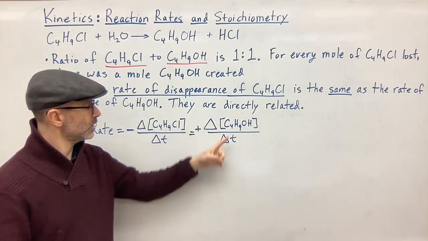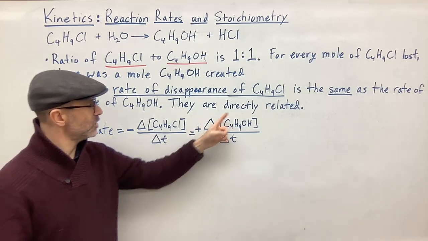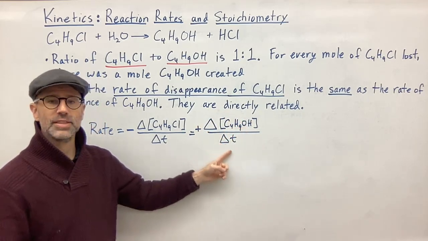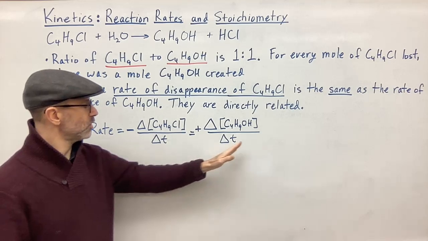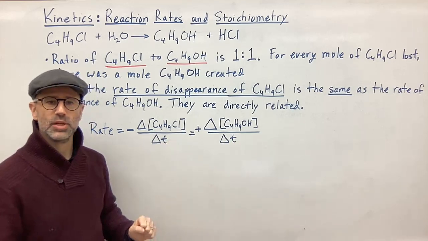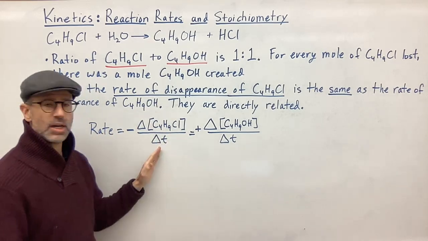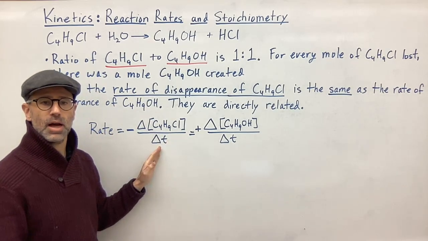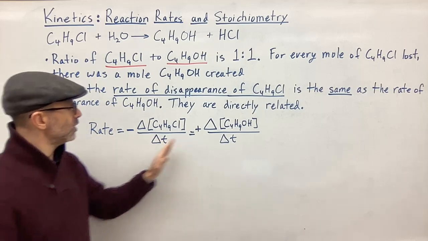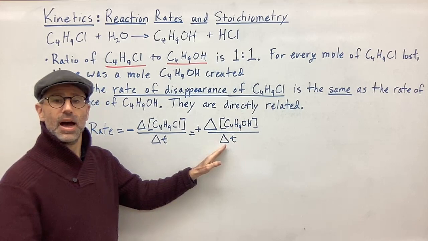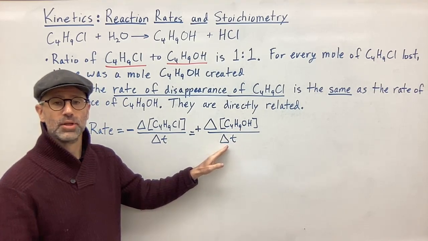So this is increasing over time. The change in the concentration of C4H9OH, the product, over the same amount of time. So these are going to be equal but opposite to each other. The reaction rate is related to this expression with regard to the reactant disappearing over time, but is also equal to the change in the concentration of the product, which is increasing over the same period of time.